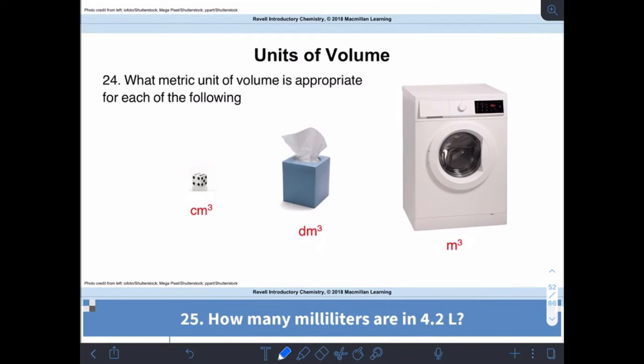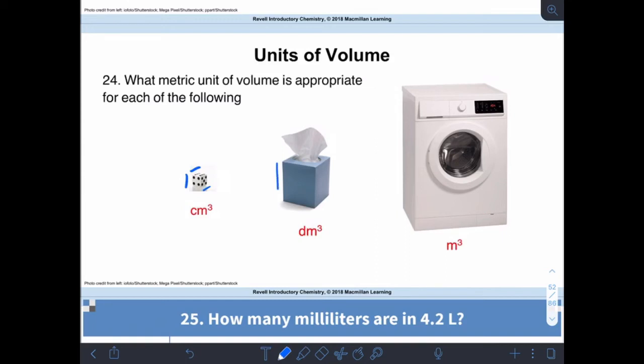So a die, a single dice, would be most appropriately measured in centimeters on each side. So it would be centimeters on this side, and any 3 sides. And then something that's probably about 10 times larger, we'd have decimeters.